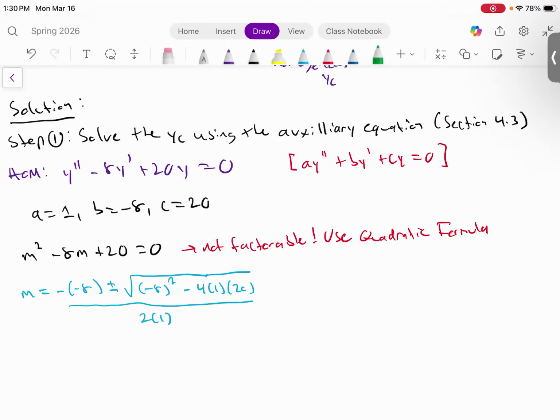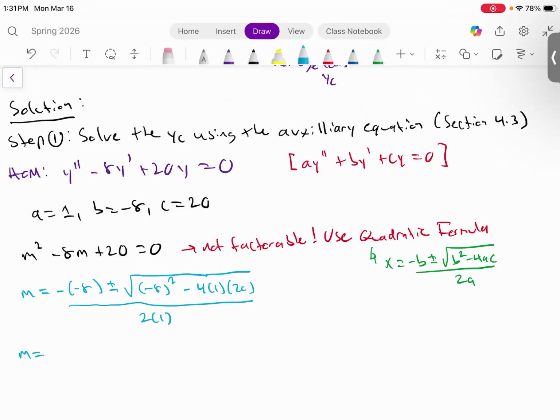Just for reference, if you don't remember the quadratic formula, it's x equals negative b plus or minus the square root of b squared minus 4ac, all over 2a, just in case that's not engraved in your mind from your youth. This is algebra, so skipping some of those steps, you can do it off to the side if you would like.